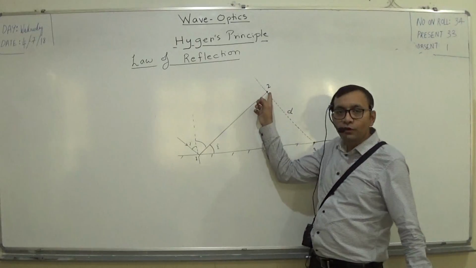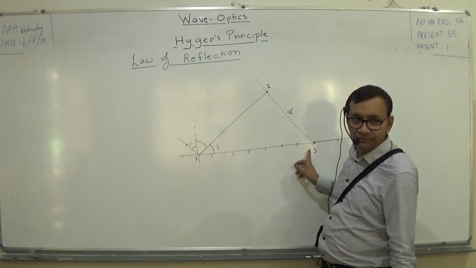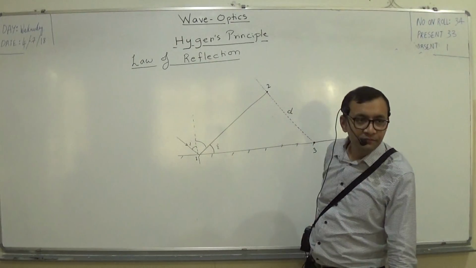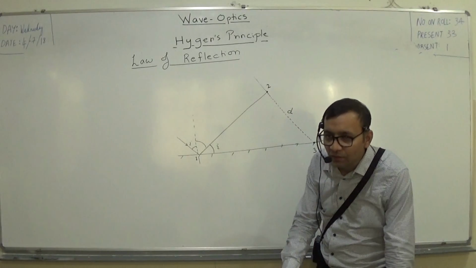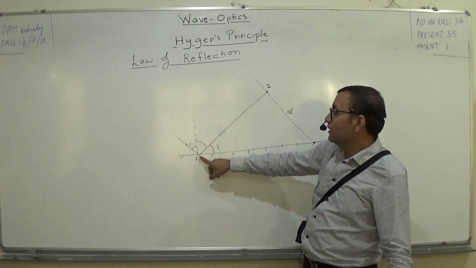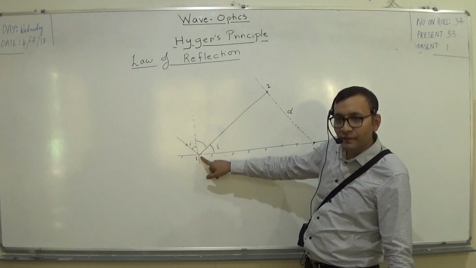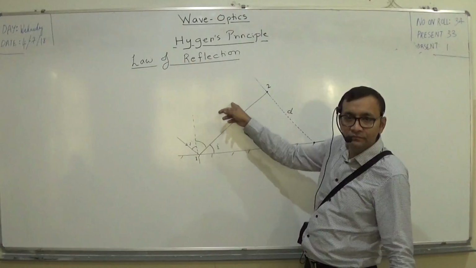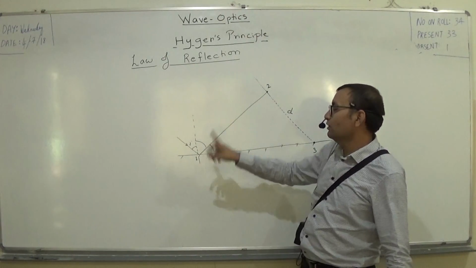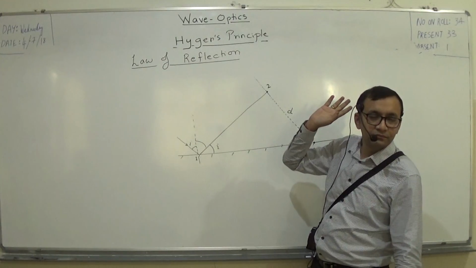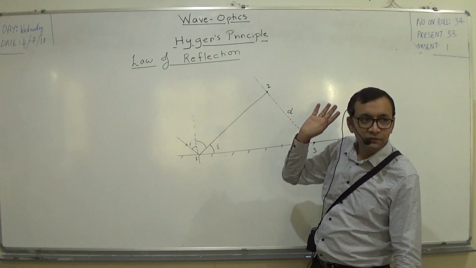If point 2 travels d distance, how much will point 1 travel? D only? Will the speed be different after reflection? Speed will be the same because it is the same medium. Fine. So if this travels d distance, this will also travel d distance. Are you getting this point?